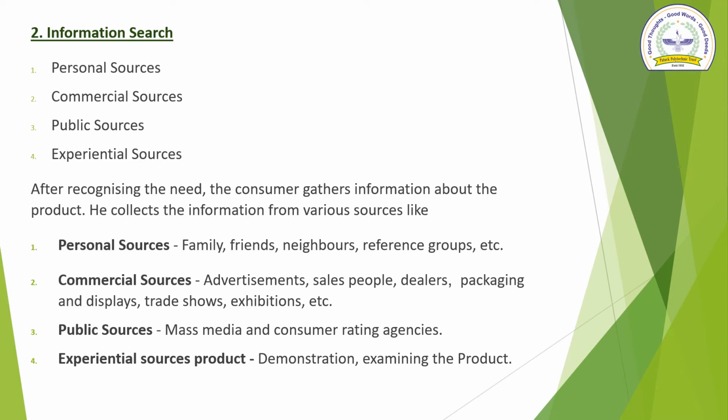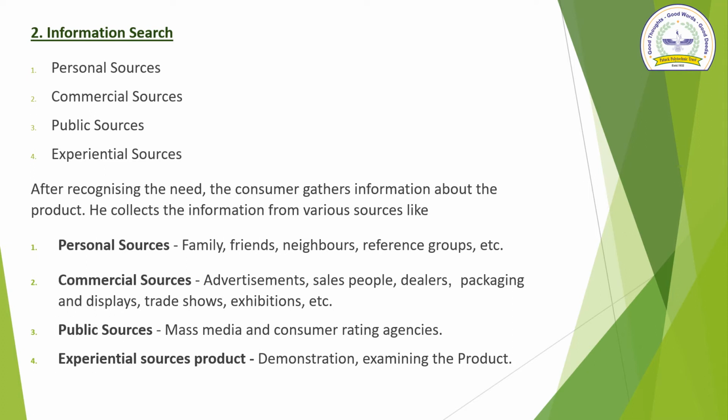So if I need to purchase a water purifier, before purchasing it I will gather all the information relating to what purifiers are available in the market, what the various models are, what their benefits and costs are, the warranty, the guarantee, and other information relating to the water purifier.